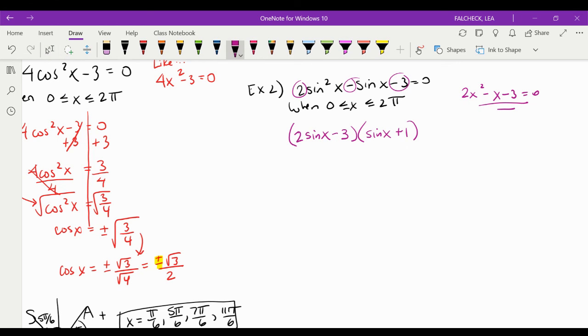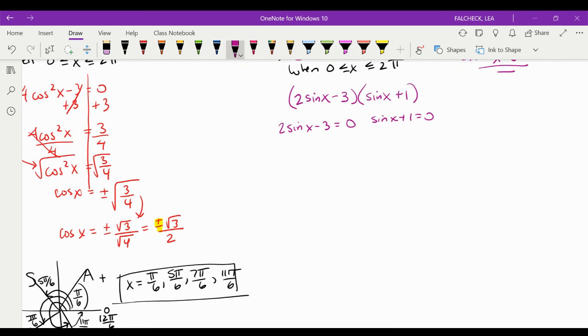So now I have my two factors that I'm going to set equal to 0. Okay. And now I just solve. 2 sine x minus 3. I'm going to add a 3, add a 3. 2 sine x equals 3. Divide both sides by 2. Sine of x equals 3 over 2.